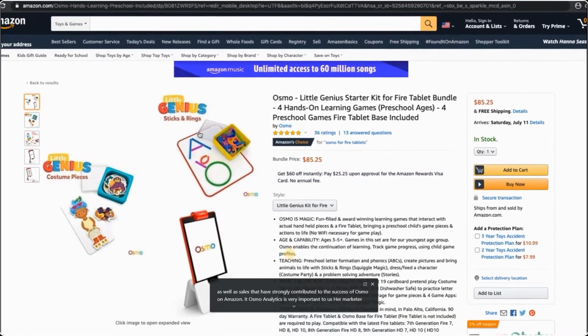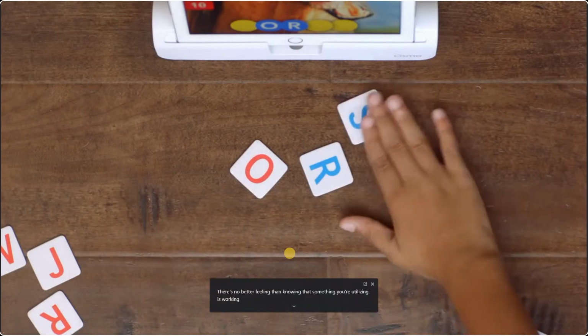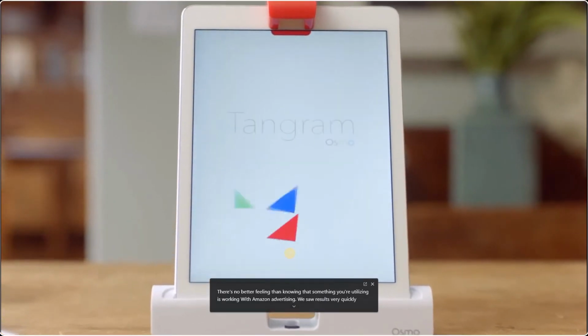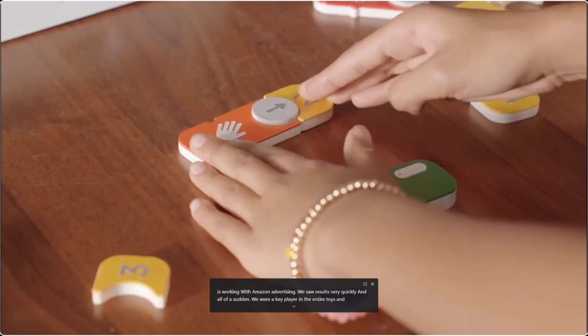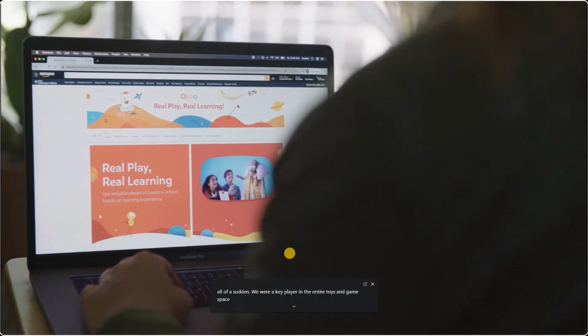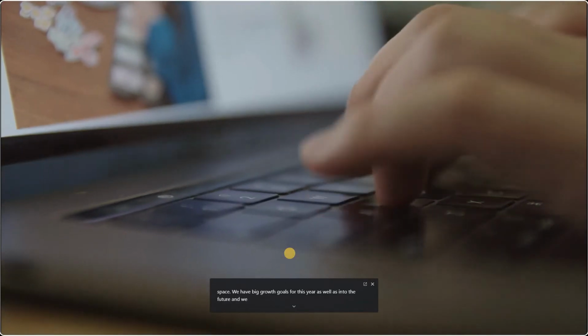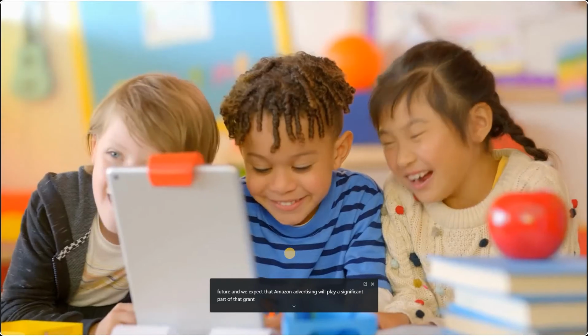For a marketer, there's no better feeling than knowing that something you're utilizing is working. With Amazon advertising, we saw results very quickly. And all of a sudden, we were a key player in the entire toys and game space. We have big growth goals for this year, as well as into the future, and we expect that Amazon advertising will play a significant part of that growth.